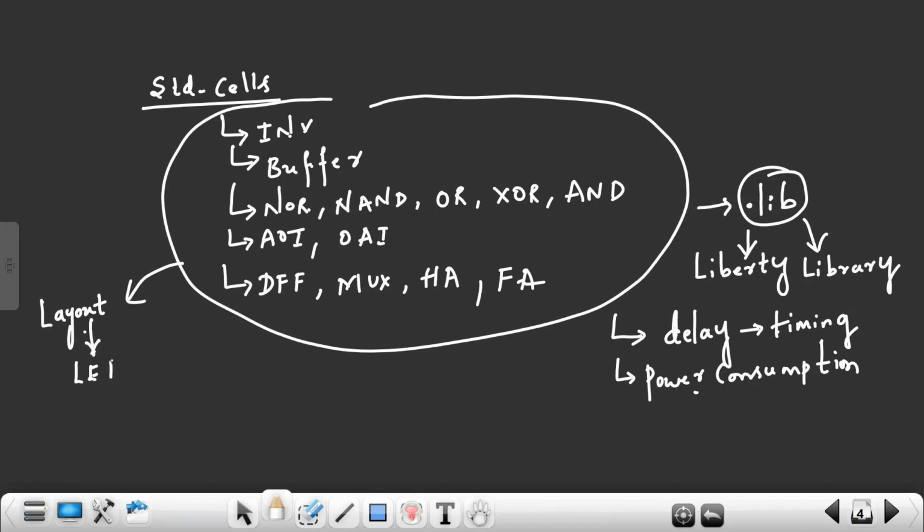They extract the information in the format of LEF. LEF means layout exchange format. Whatever layout you draw, you exchange to the physical design team. That file is called layout exchange format. The layout team will draw the layout for all these cells and give it to the PD team in LEF format.